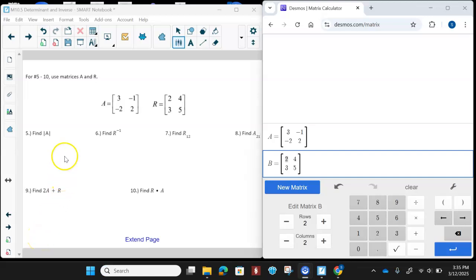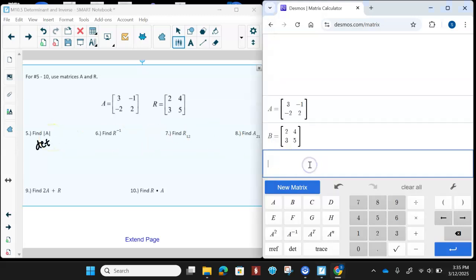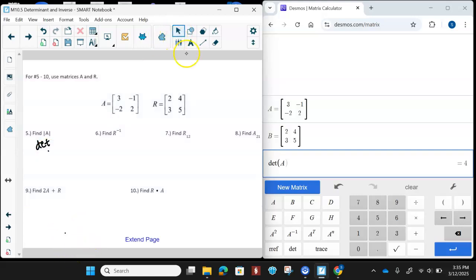And here we go. So notice, what does this mean? The determinant. You needed to find the determinant of A. So that means here, I'm going to find the determinant of A. And that is equal to 4.